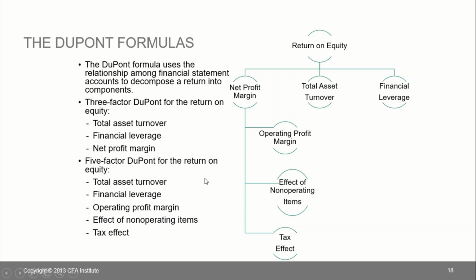Okay, so furthermore, dinagdagan pa ng additional factors. So aside from the total asset turnover and the financial leverage, pinapakita din ng DuPont formula yung changes sa ROE coming from the operating profit margin, from the non-operating items, and lastly is the presence of tax. Okay?